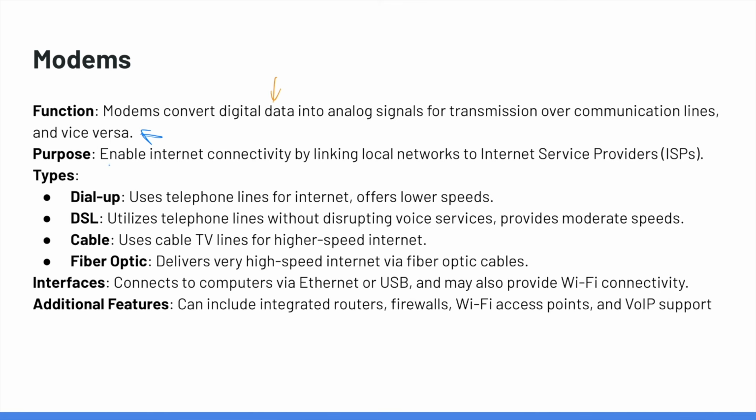So basically, these are used to enable internet connectivity by linking your local network to an internet service provider. There are other types of modems like dial-up modems, DSL, cable, fiber optic. Most probably you're using a cable or fiber optic modem to be able to connect your local area network to the internet. Also, oftentimes modems contain, as we said, integrated routers, firewalls, Wi-Fi access points, and possibly VoIP support, voice over IP.